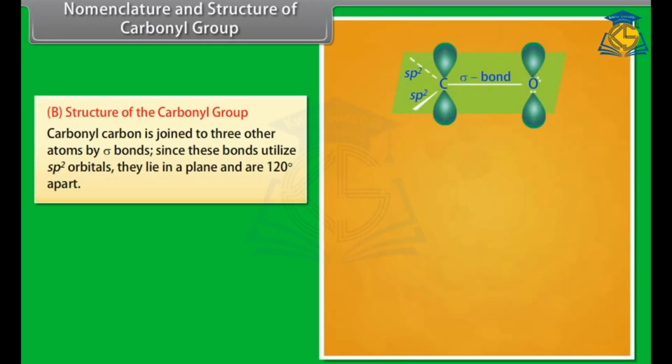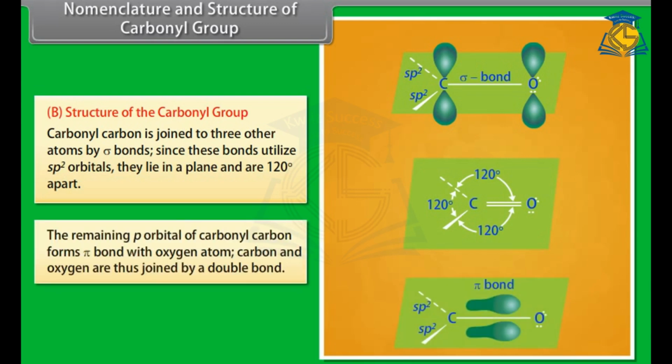Carbonyl carbon is joined to 3 other atoms by sigma bonds. Since these bonds utilize sp2 orbitals, they lie in a plane and are 120 degrees apart. The remaining p orbital of carbonyl carbon forms pi bond with oxygen atom. Carbon and oxygen are thus joined by a double bond.